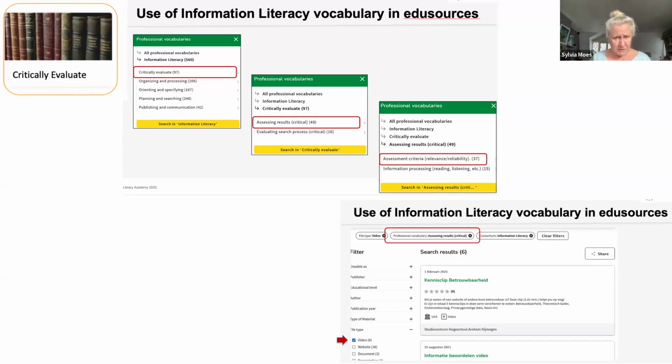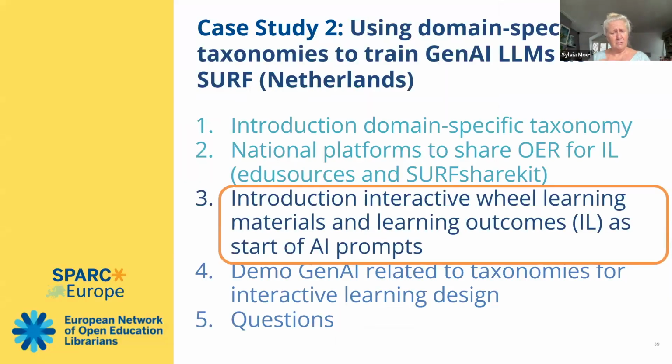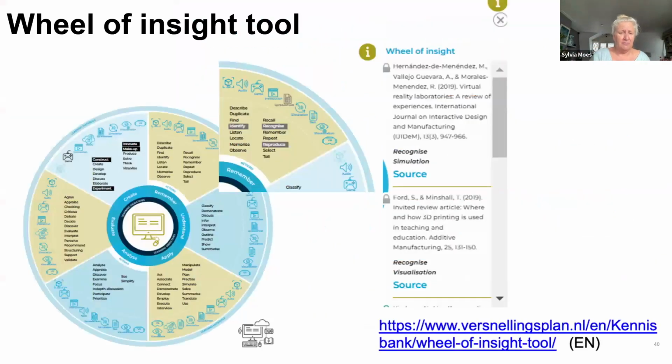If we go to the next slide, and then we go to the interactive wheel. With Robert Schuer and Leontien van Rossum, I worked on desk research to see how we can use different technical formats of open educational resources or digital resources for certain learning outcomes, because each technical format, such as video, has other characteristics than text.